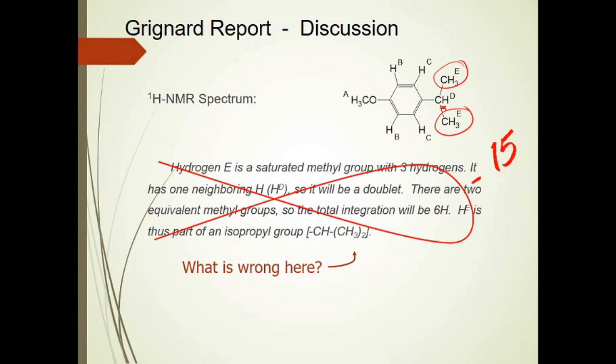I've also seen cases where students have drawn the wrong structure, and again, based on that structure that they drew, tried to make the data fit. If they had started with the spectrum, looked at the spectrum they have, and started doing an interpretation, they probably would have realized again that they have the wrong structure, and they could have corrected that.